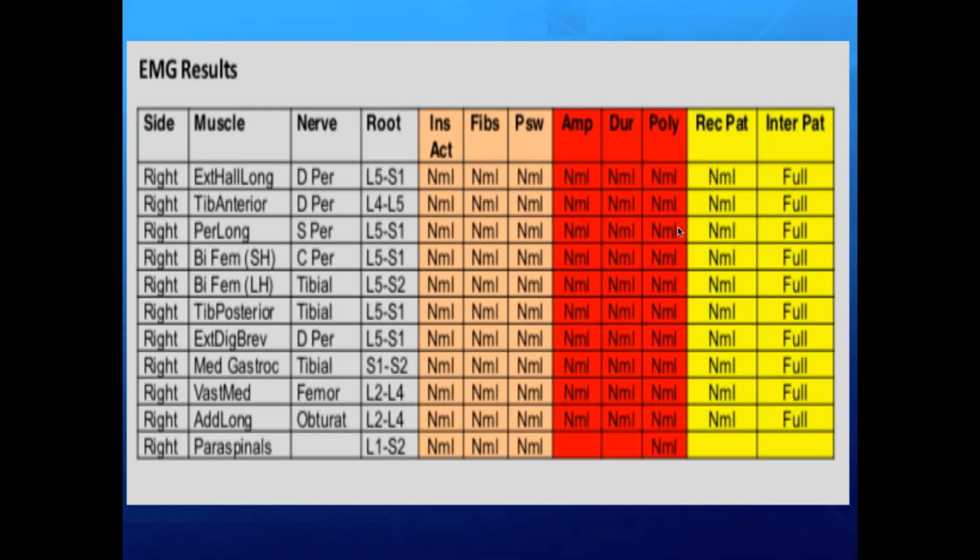The red column, which is the motor unit analysis, is where we look at the shape, the amplitude, and the duration of each individual motor unit.